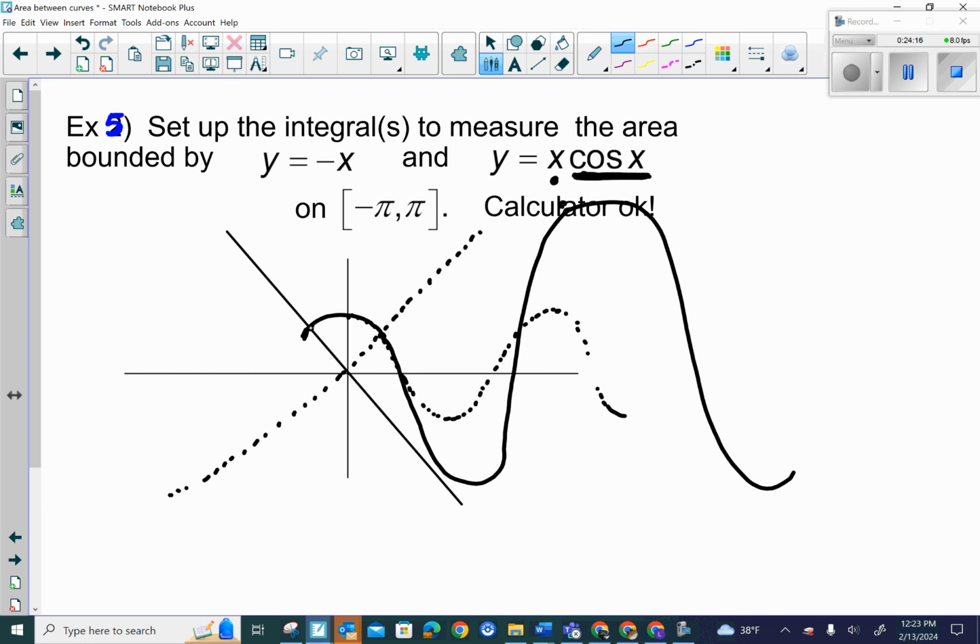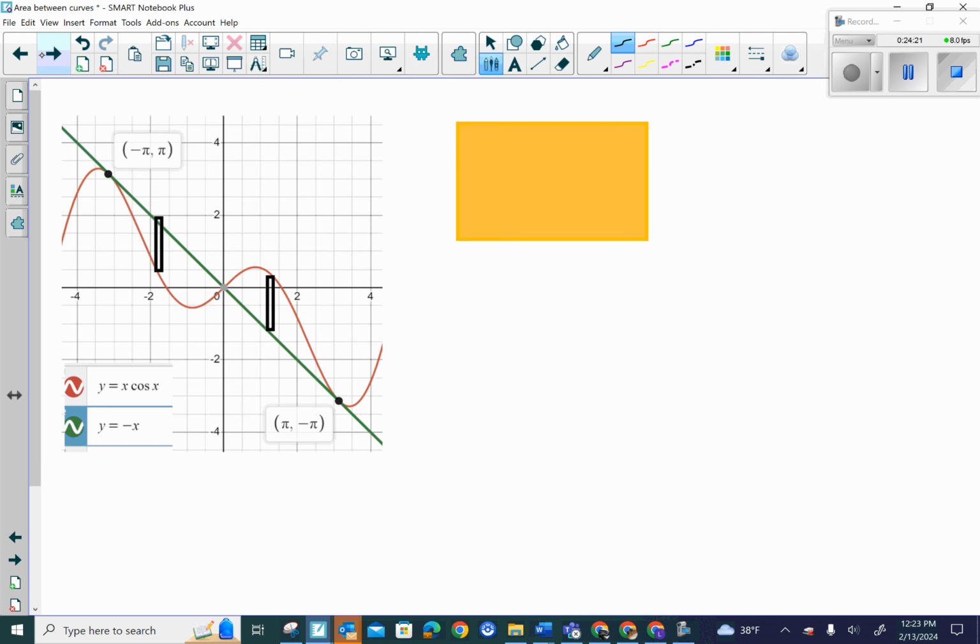Okay, and as x gets more negative, it would look like that. I have a better curve over here. So there's my negative x curve and my x cosine x curve.